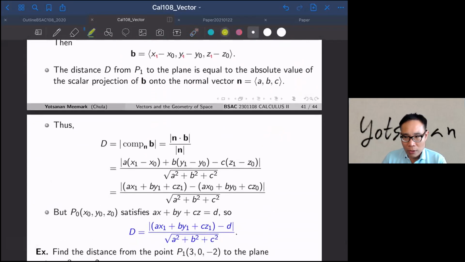If you recall at the beginning of our lecture, we have the thing called the component. So we have the component of the vector B onto n.